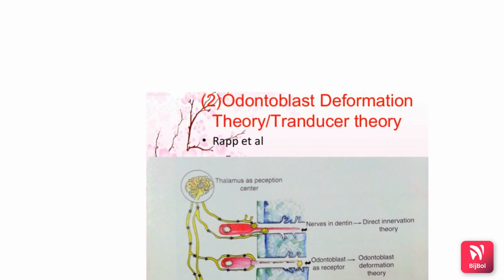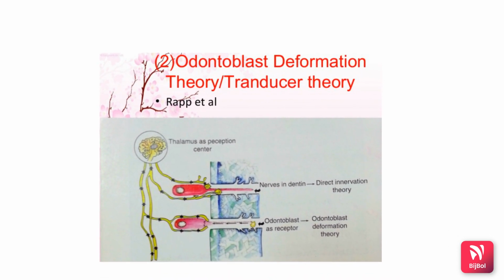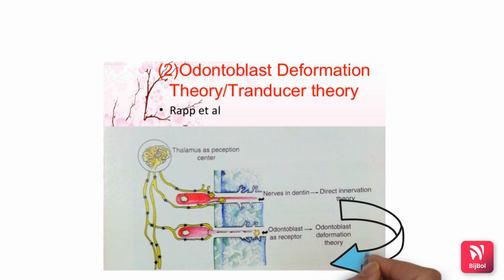Next theory we will see is the odontoblastic deformation theory. This theory suggests that the odontoblasts or their processes are damaged when external stimuli are applied to the exposed dentin. As a result, they conduct the impulses to the nerves in the predentin and underlying pulp, from where they proceed to the central nervous system.